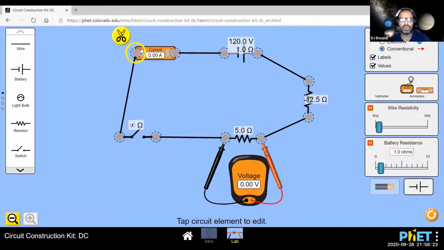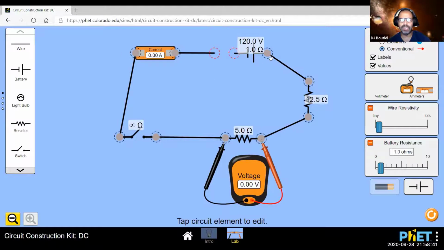Is the battery oriented correctly or not? Let me check the lab, because I think the orientation of the battery matters; the current will matter which way it's flowing. Okay, it's fine, the battery looks fine. If not, you just turn it around: click in here, disconnect, click in here, disconnect, and take this battery and rotate it, to make the current flow in the opposite direction.